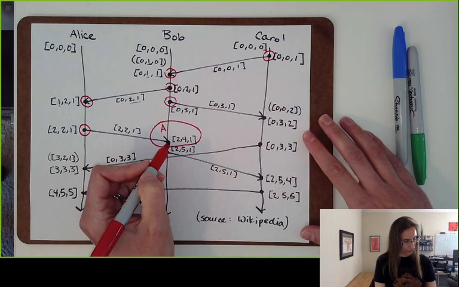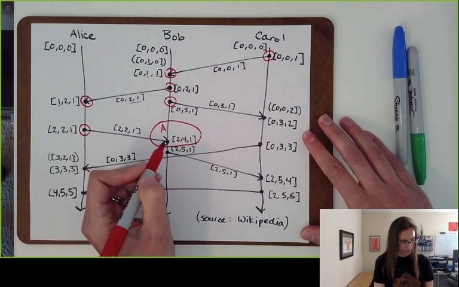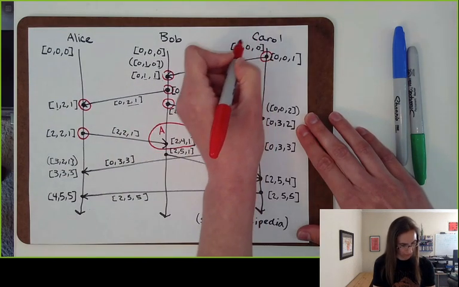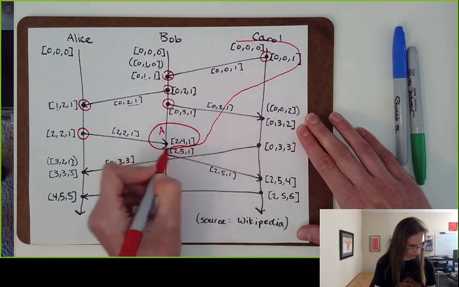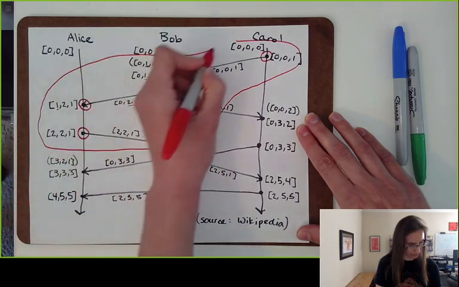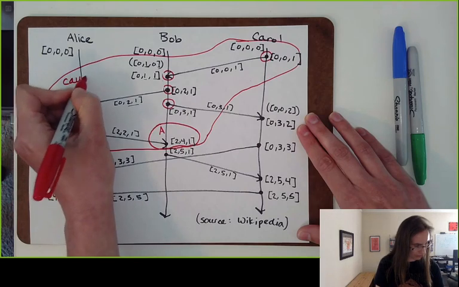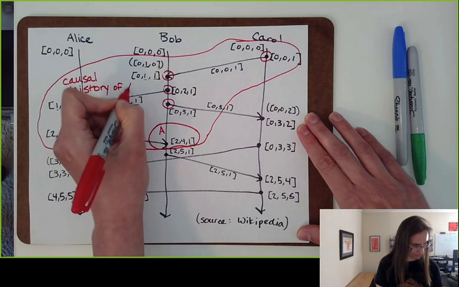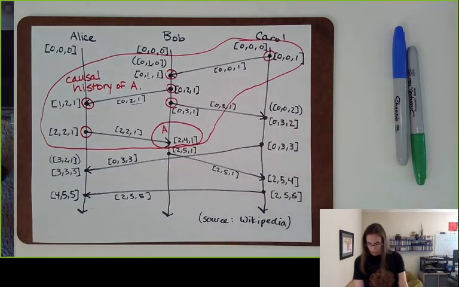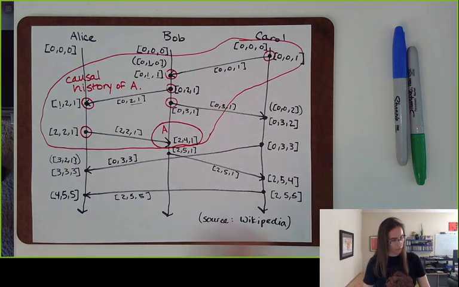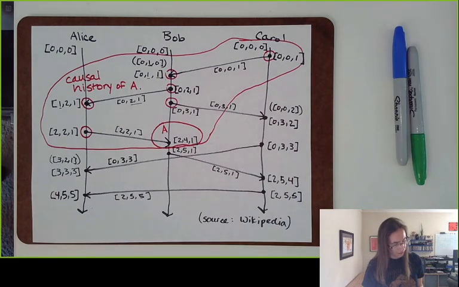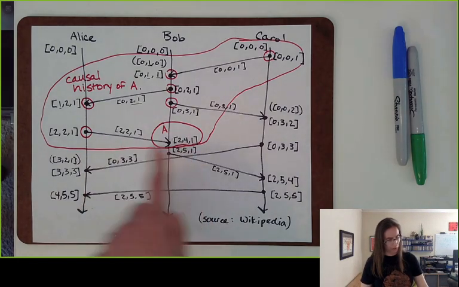Okay, so I've circled a whole bunch of events here that all happened before A. And we can give a name to all those events, in fact. I can circle them all here. These are the causal history of A. So what do you notice about the vector clocks of all of these events that are in A's causal history? Is there anything to take note of about how they compare to A's vector clock?